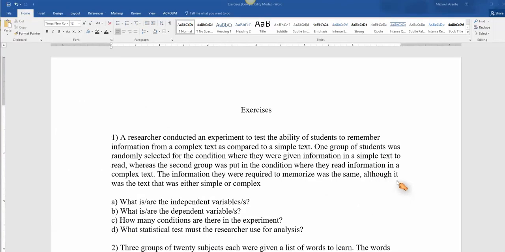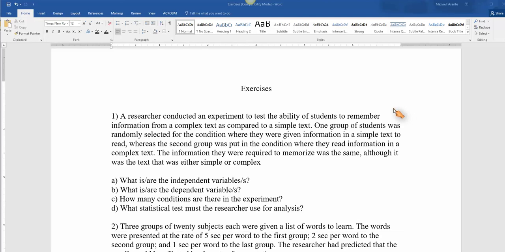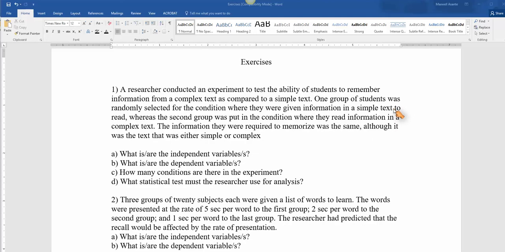Let us now consider some questions that will require us to determine what kind of statistical test we use for the analysis. So you can read this question yourself. It says a researcher conducted an experiment to test the ability of students to remember information from a complex text as compared to a simple text.